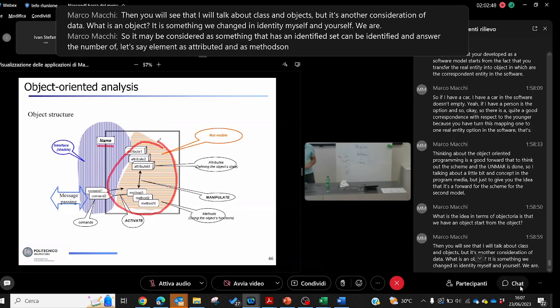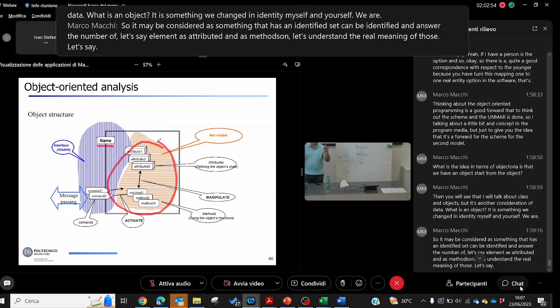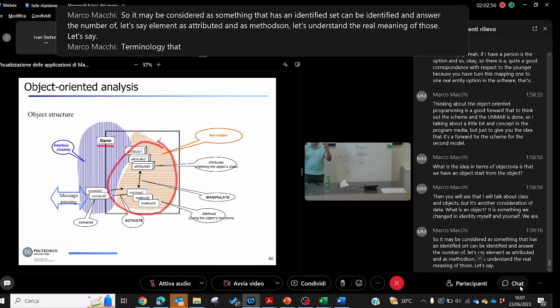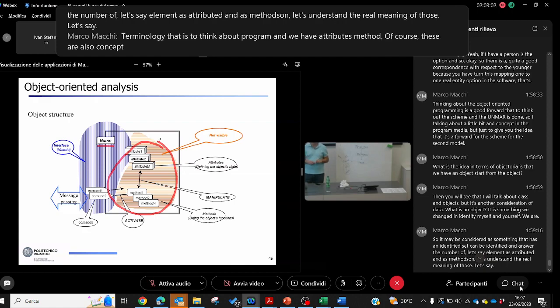Let's understand the real meaning of those. Of course, this is the terminology that is useful to think about programming. We have attributes, we have methods. Of course, these are also concepts. But let's understand what having attributes means. It means having a number of values that characterize your identity with some properties.